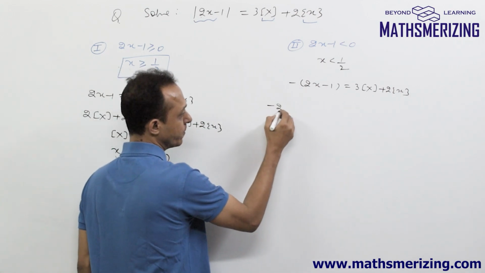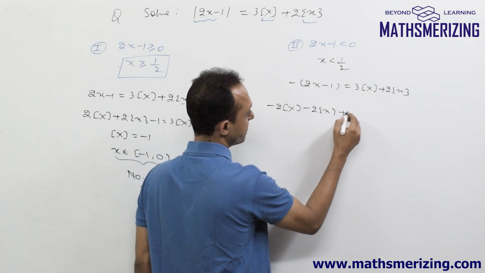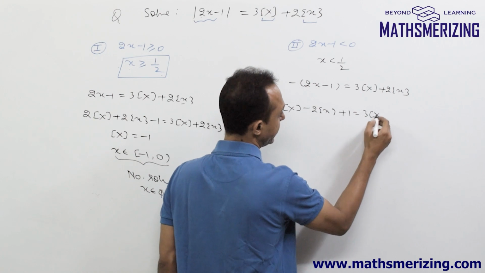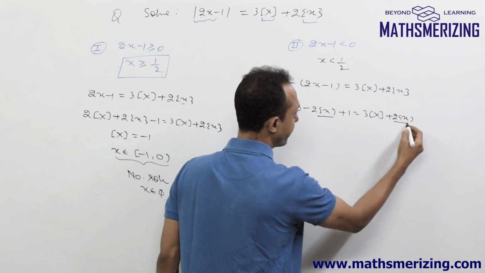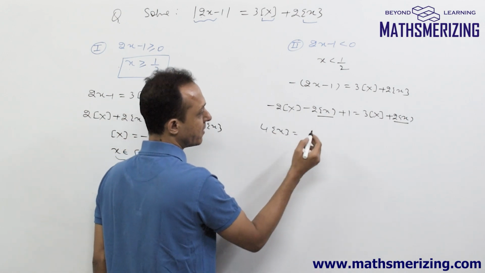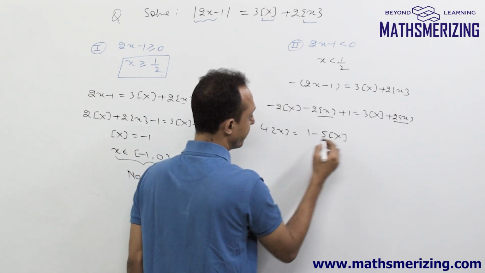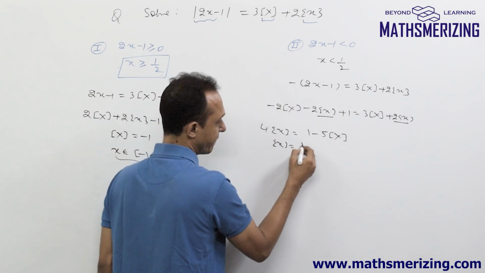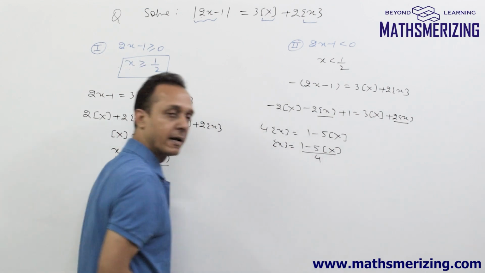So I'll write -2[x] - 2{x} + 1 = 3[x] + 2{x}. So now I'll take the fractional part of x. So 4{x} = 1 - 5[x], that is {x} = (1 - 5[x])/4.